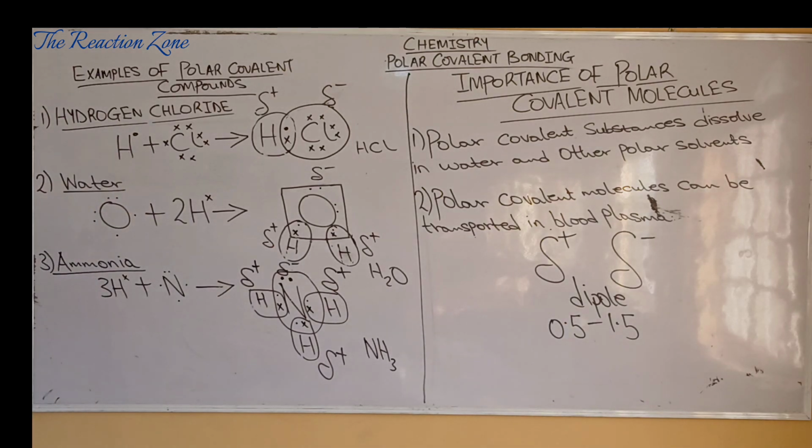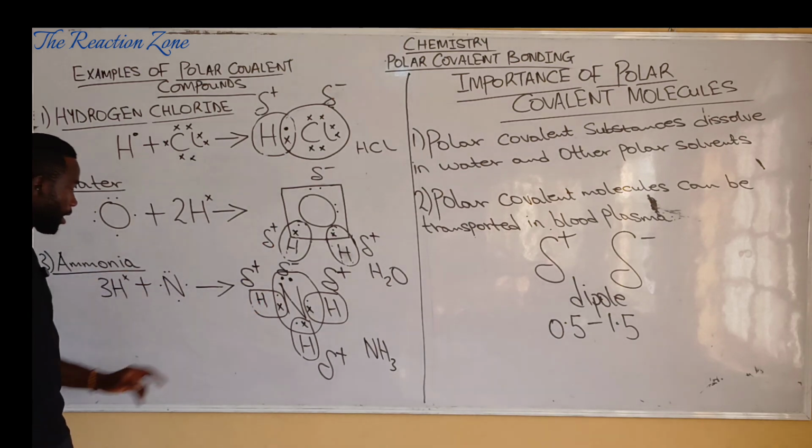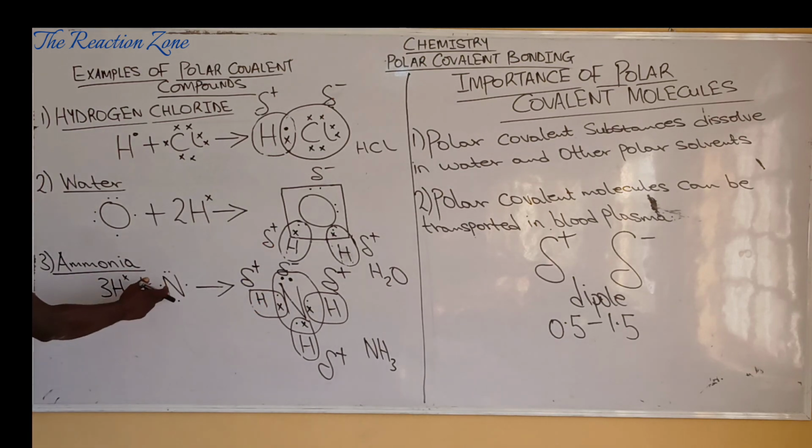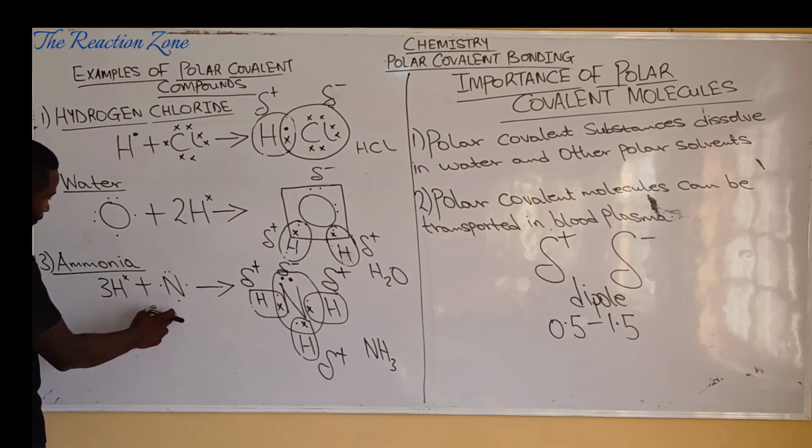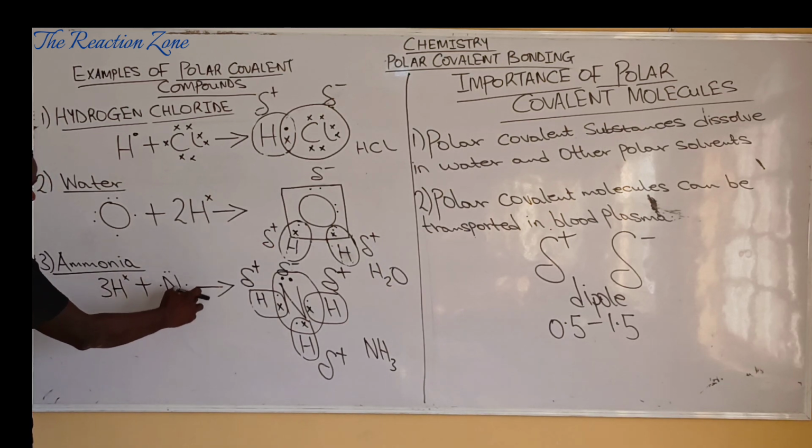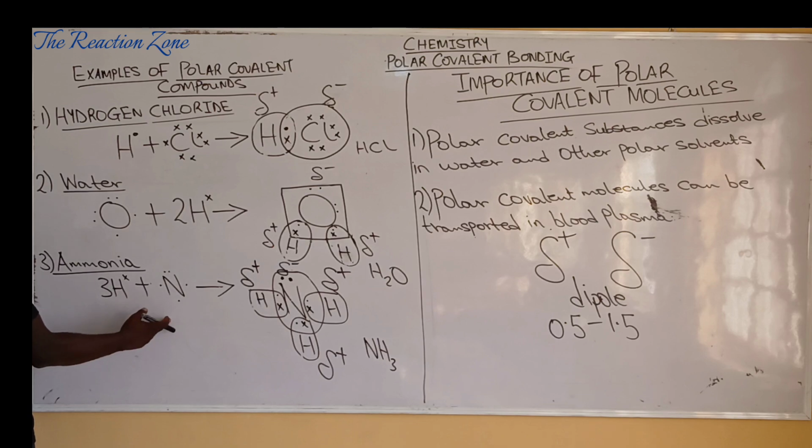The third is ammonia. In ammonia, 3 hydrogen atoms combine with 1 nitrogen atom to give us ammonia. Nitrogen has a covalency of 3, but has 5 electrons in its valence electron shell. Each of the hydrogen atoms has a covalency of 1.